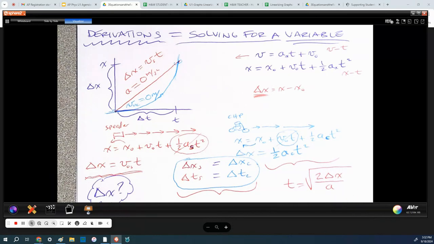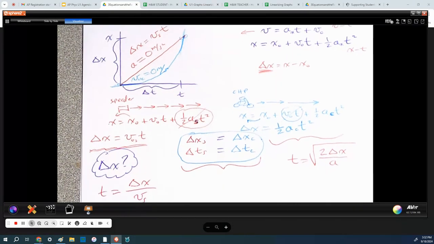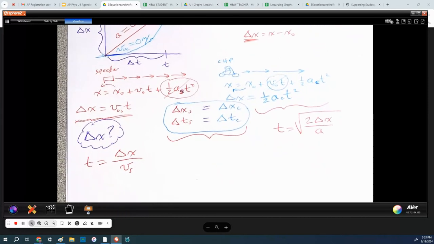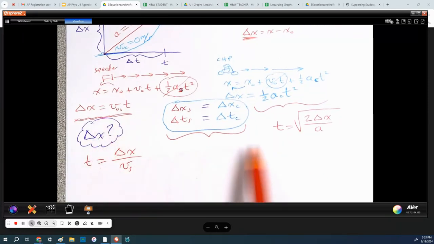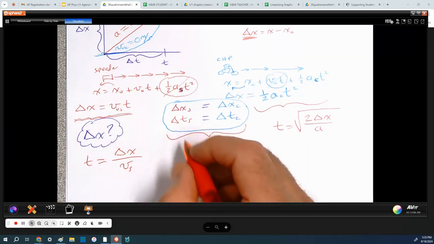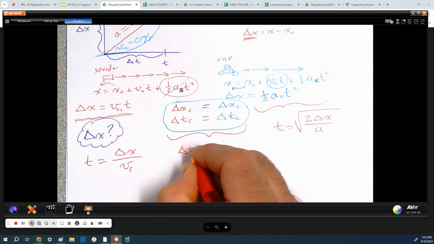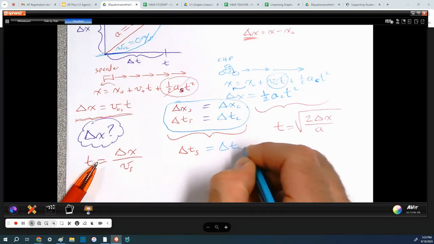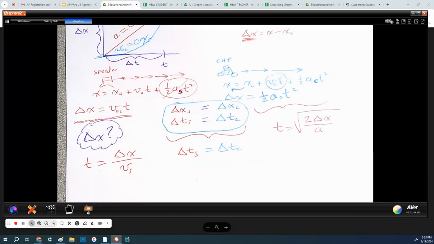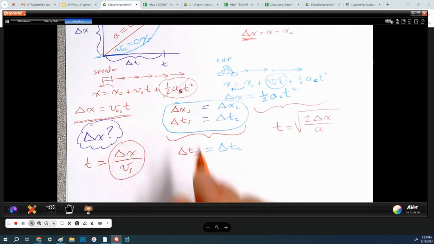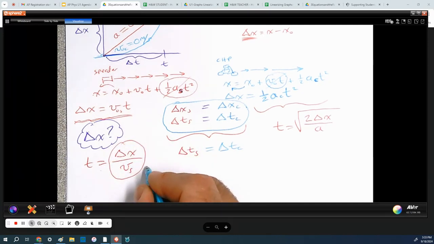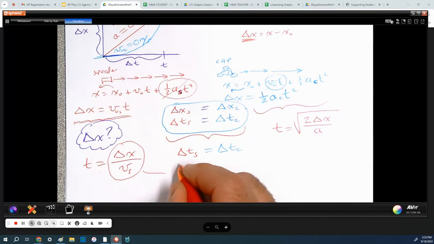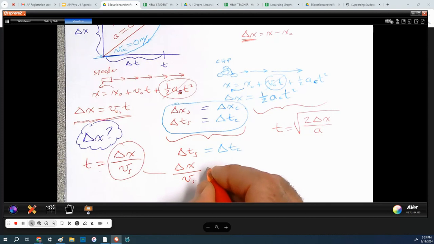T equals delta x over v. Okay. I ran right off the page, didn't I? So when I solve this for t and I solve that for t, I get these two different numbers. Going back to this, if my time of my speeder is equal to the time of the CHP, then I can just take this phrase right here and I can substitute it in for t of the speeder.